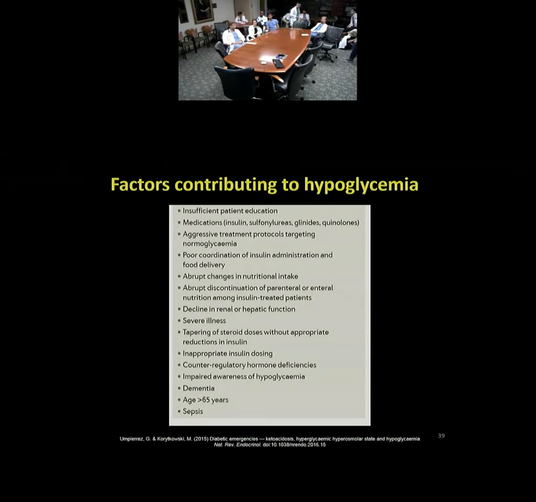There is a discontinuation of parenteral or enteral nutrition. They have worsening of renal failure, liver failure, they are severely sick, so maybe they don't eat, or the disease itself can cause hypoglycemia. They get a steroid taper, so they were very hyperglycemic on prednisone 60, all of a sudden they go to prednisone 10, the insulin doesn't change, and they get low.